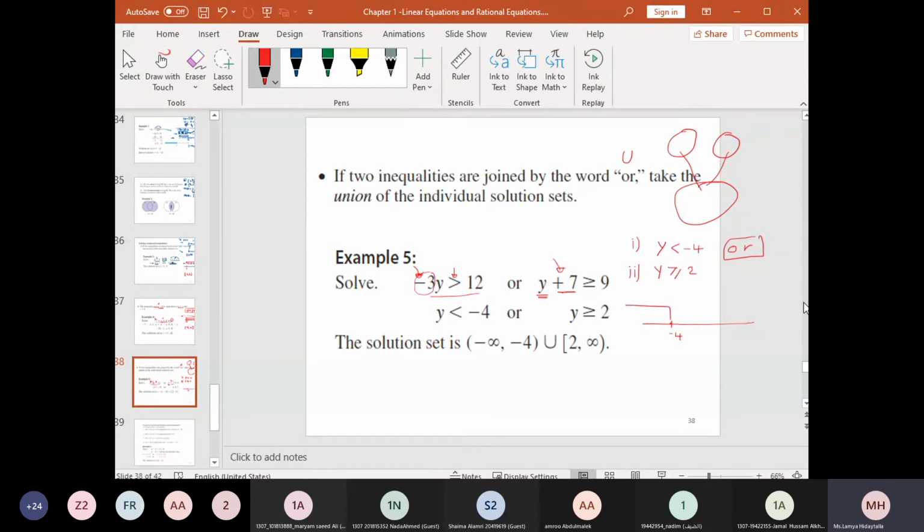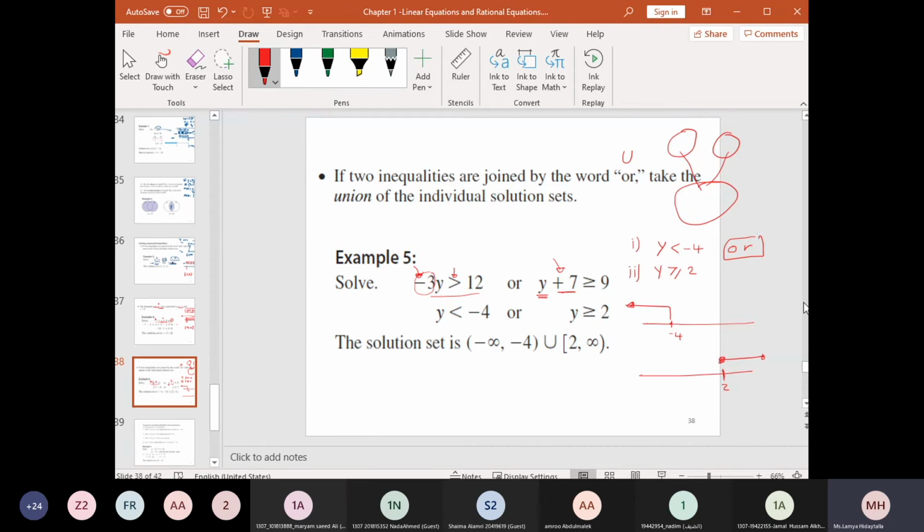So I need all the elements here. And I need what? Y is greater than or equal to 2. This is 2, all the elements here greater than or equal.